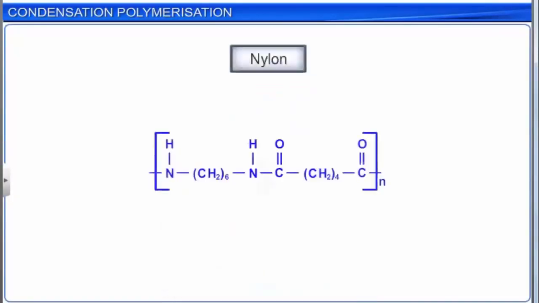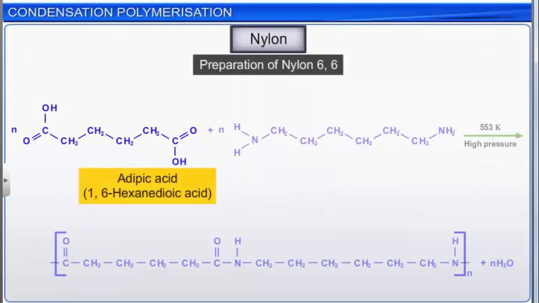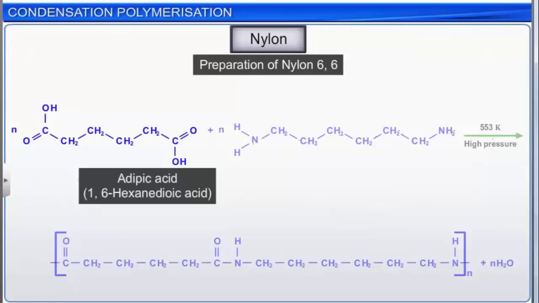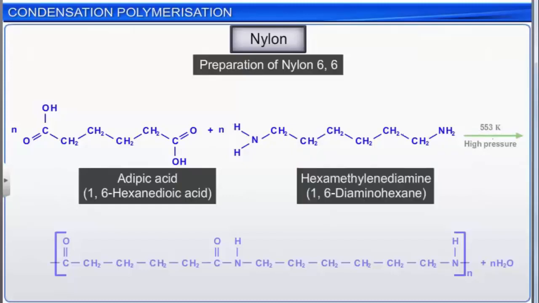Several different forms of nylon have been synthesized. One important nylon polymer is nylon 6,6. To obtain nylon 6,6, adipic acid or 1,6-hexanedioic acid is made to react with hexamethylene diamine or 1,6-diaminohexane at a high temperature of 553 Kelvin and high pressure.